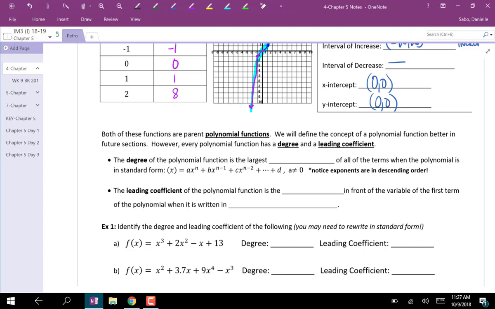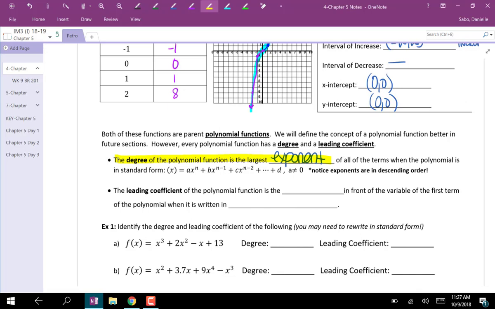It says, however, every polynomial has a degree and a leading coefficient. Okay, so the degree of the polynomial is the largest exponent. If you have highlighters, you know that's something important. The degree of the polynomial is the largest exponent. So if I have x to the 5th power, that's my degree. My degree is 5.